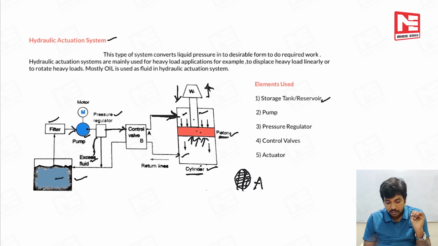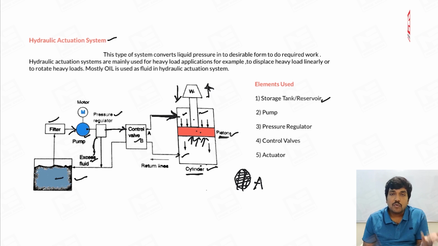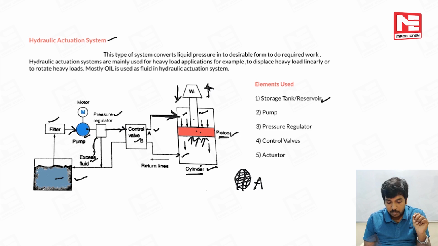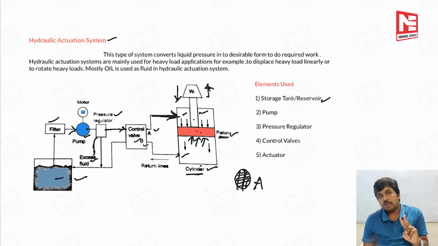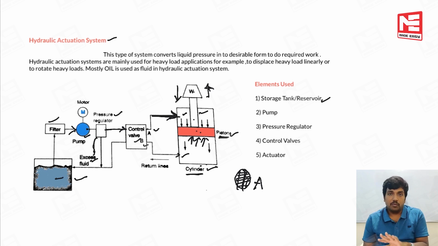So this mechanism can either be programmed or be handled manually. Both ways you can do it. That means whether to select port A or port B, whether you want upward motion or downward motion, can be done in two ways. One is we can write a program for this, or we can do it manually.